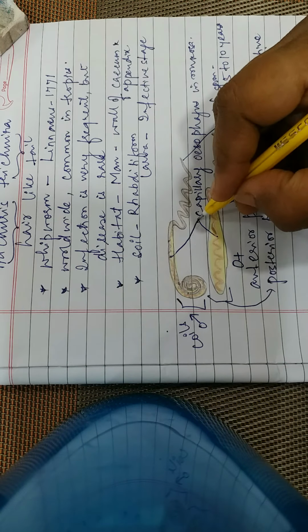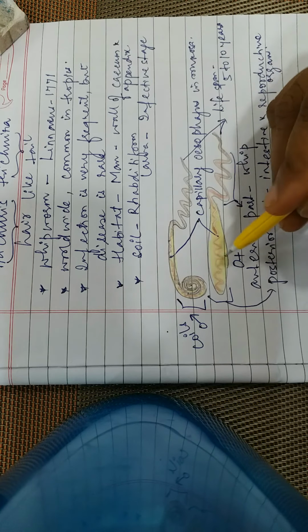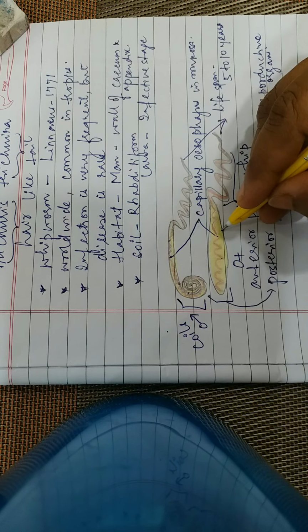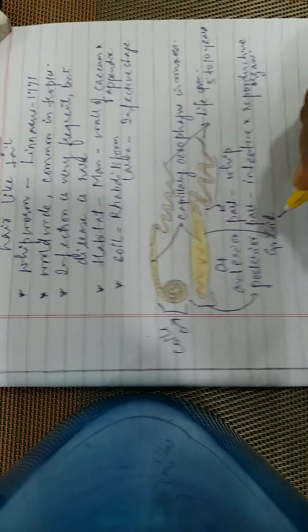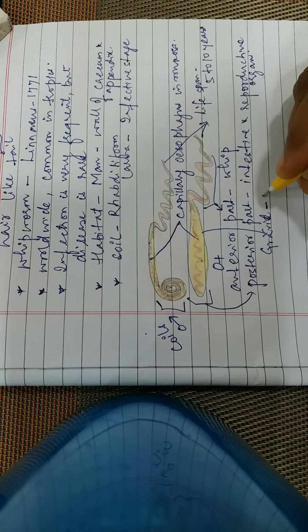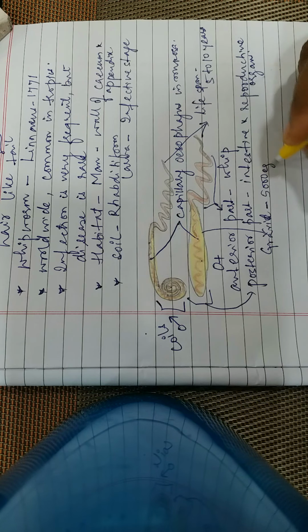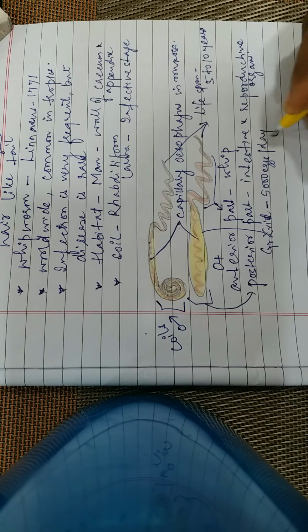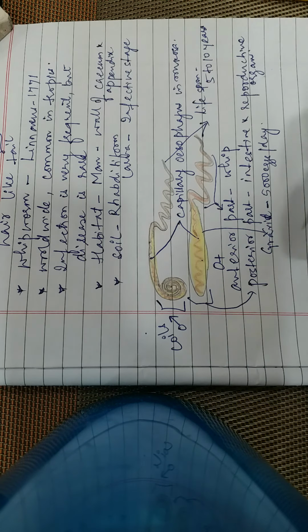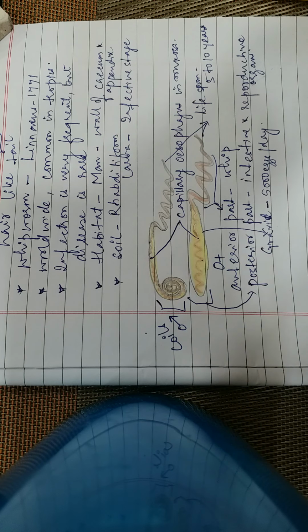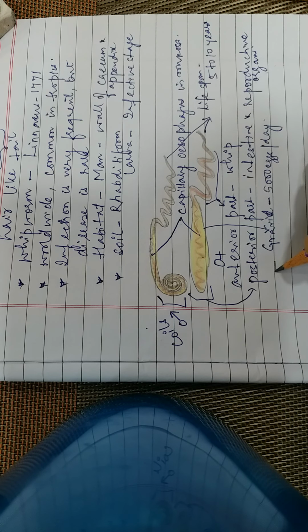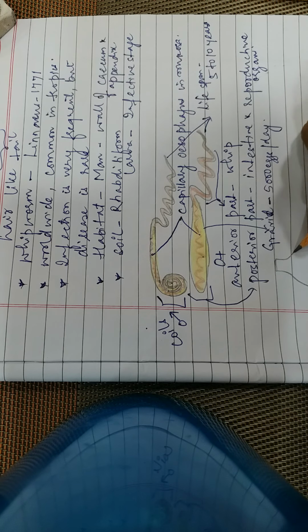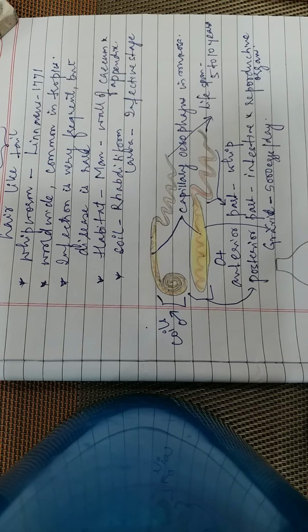The life cycle starts when the male worm fertilizes the female worm, and this female worm becomes gravid. Once it becomes gravid, it can lay up to 5,000 eggs per day. This egg has pole-like structures, 2 poles, and a dumbbell-shaped middle, and these are the 2 pole plugs.